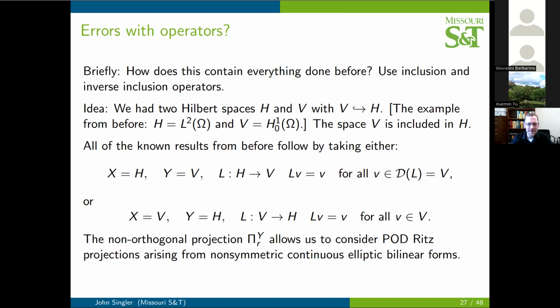So you can look at this operator L as, in some sense, a type of identity operator. I hate to call it identity because the identity operators we typically think of as mapping a space to itself, but these do not, right? They map either H to V or V to H. So they're more like embedding operators or inverses of these. So that's how you can get all the known results from before.